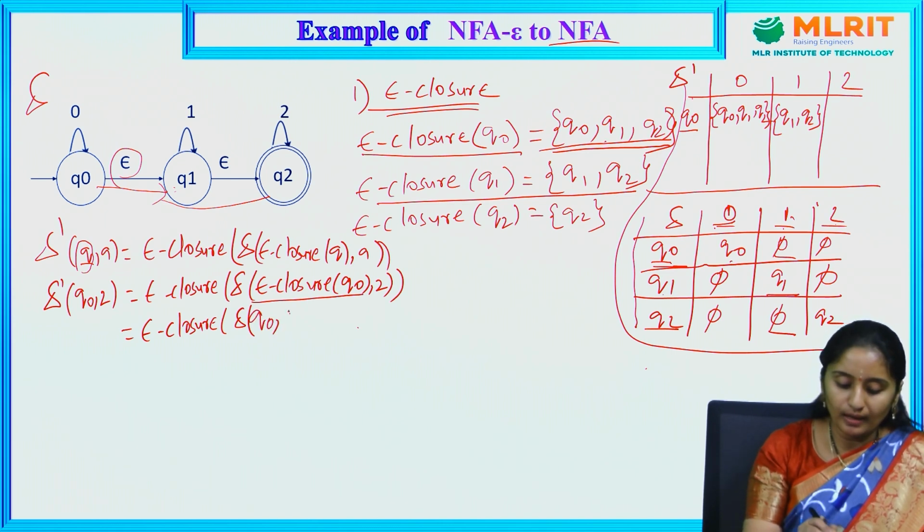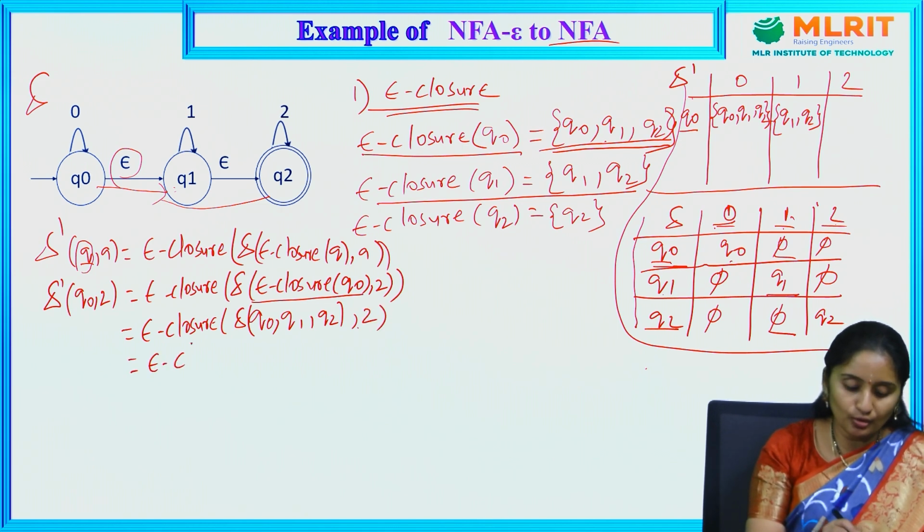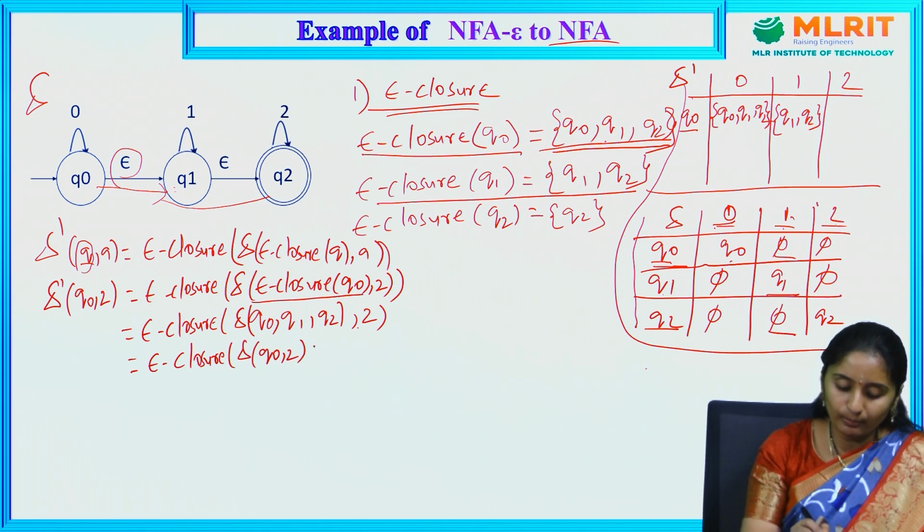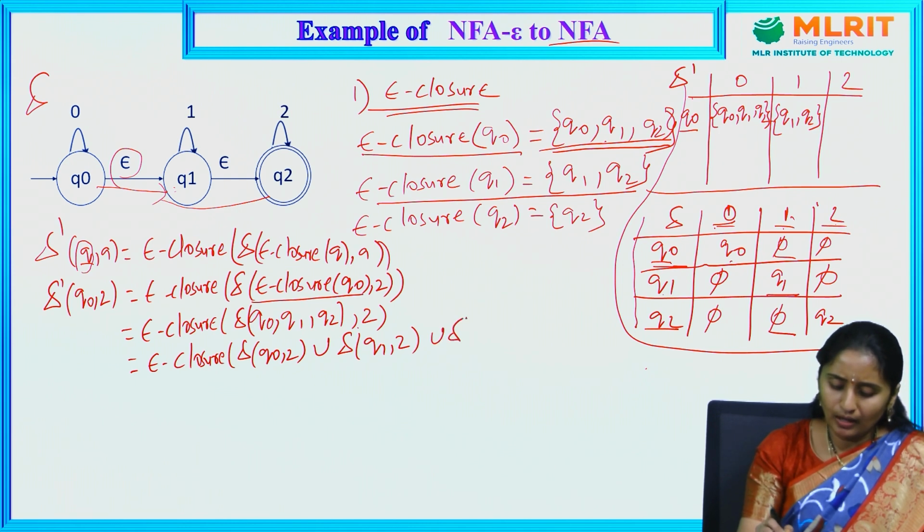Q0 comma Q1 comma Q2 comma, what is the input? 2. So epsilon closure of delta of Q0 comma 2 input union delta of Q1 comma 2 union delta of Q2 comma 2.